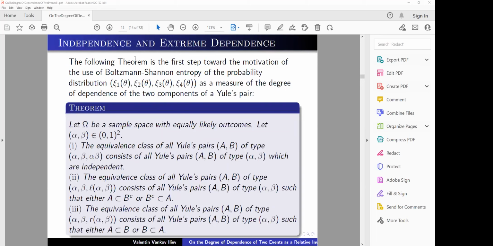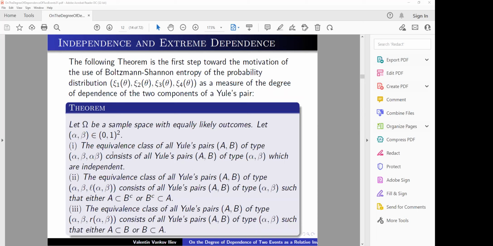The theorem that I'll formulate now is the first step toward the motivation of the use of Boltzmann-Shannon entropy of the probability distribution, c1 up to c4, as a measure of degree of dependence. This theorem concerns a sample space with equally likely outcomes. Suppose that alpha and beta, the probabilities of events A and B, are strictly between 0 and 1.